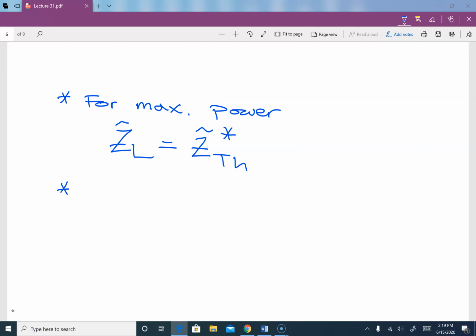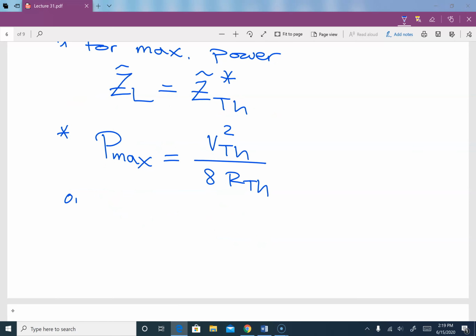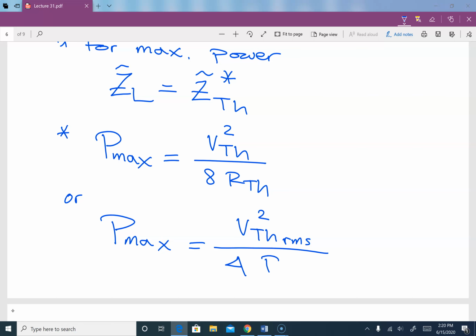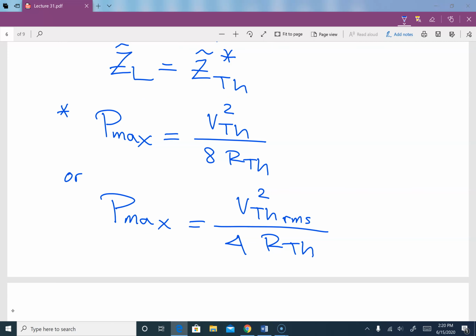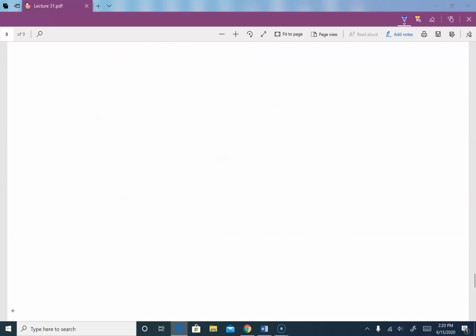The second thing, our Pmax is equal to V Thevenin squared divided by 8 R Thevenin, or, if V Thevenin is given in RMS, you will need to divide by 4 R Thevenin. If you know all of these, then you will be in good shape for this lecture.